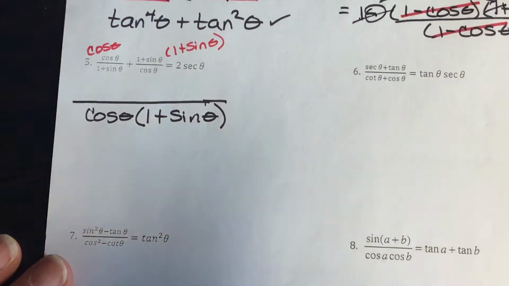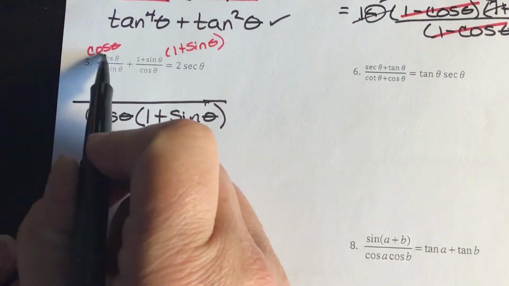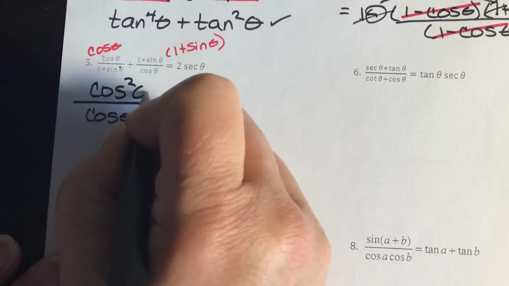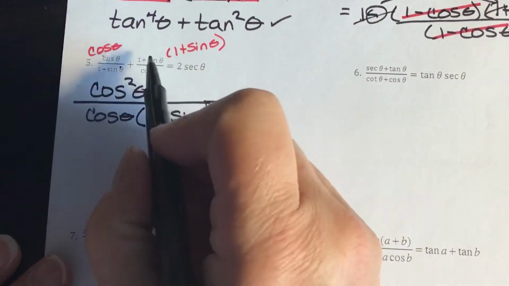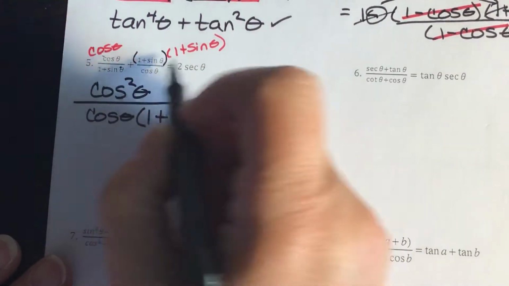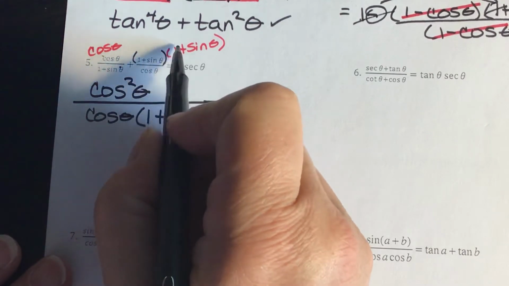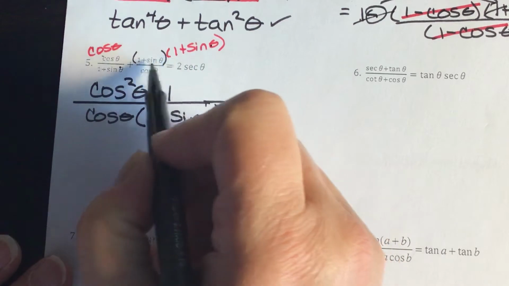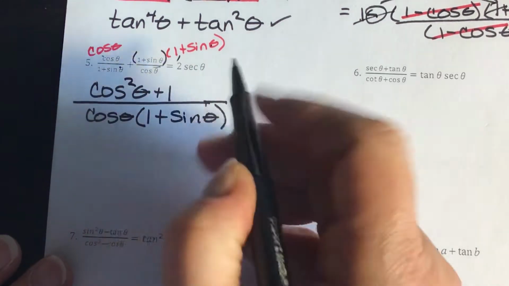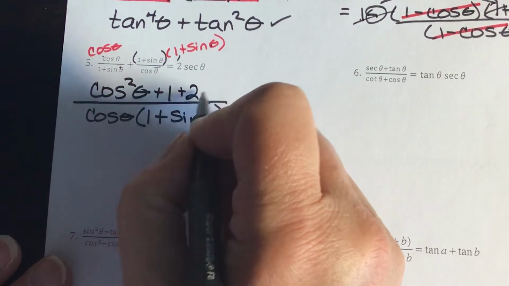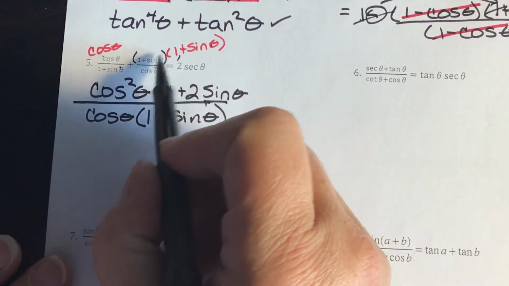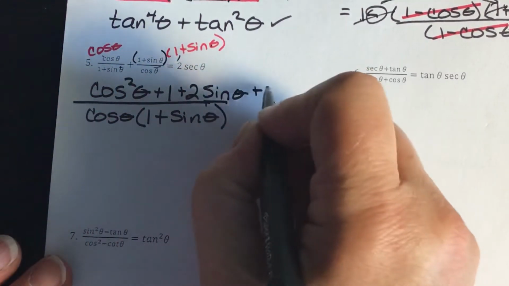Okay. So this first part is cosine times cosine, which is cosine squared of theta. And then I'm going to FOIL this. So I have 1 times 1 is 1, 1 times sine theta, another 1 times sine theta is plus 2 sine theta. And then I have a plus sine squared of theta.